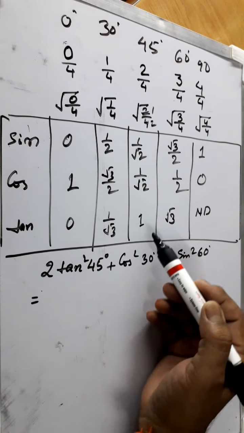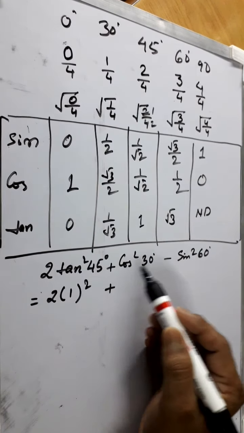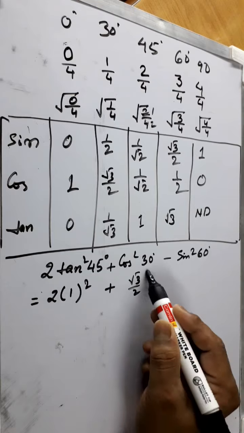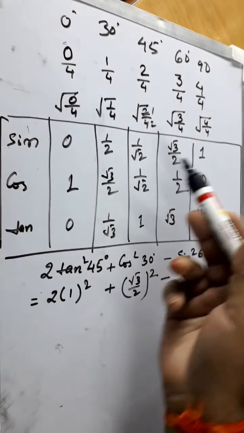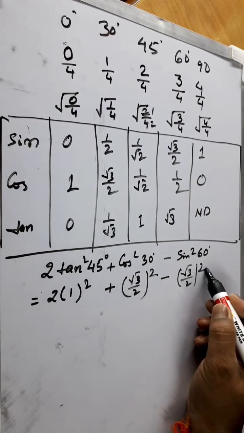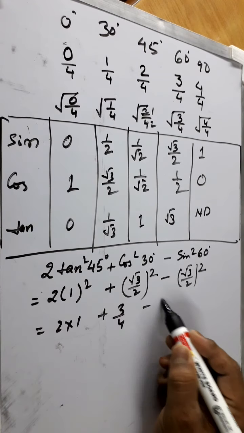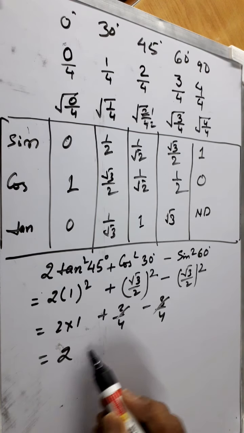Tan 45 we have 1, 2 into 1 square. Cos 30 we have root 3 by 2, root 3 by 2 square, minus sin 60 we have root 3 by 2 square. We will get 2 into 1 plus 3 by 4 minus 3 by 4. Plus minus get cancelled, answer is 2.